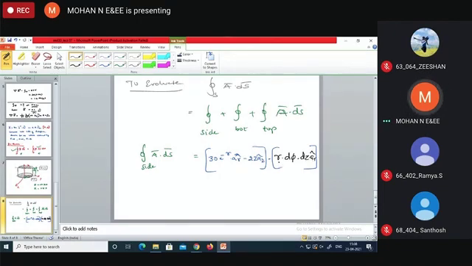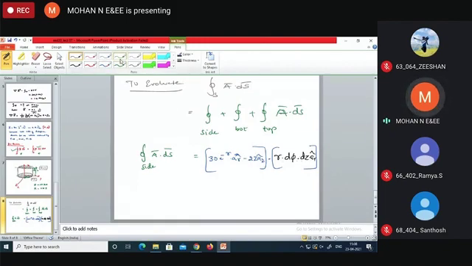I repeat, the surface area element of the side is r into d phi into dz into ar cap. Why ar cap? Because the normal to the surface is aligned to the direction of the radial vector.